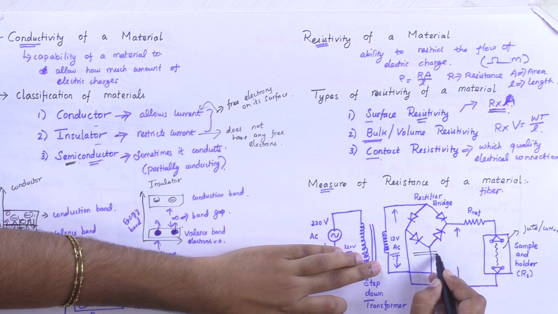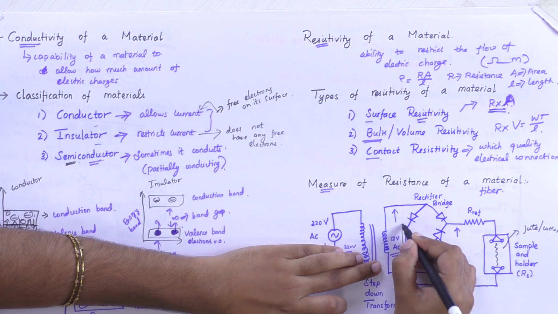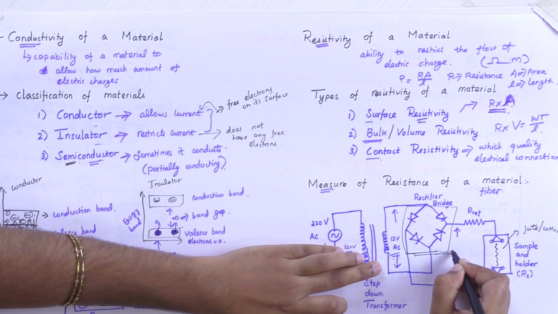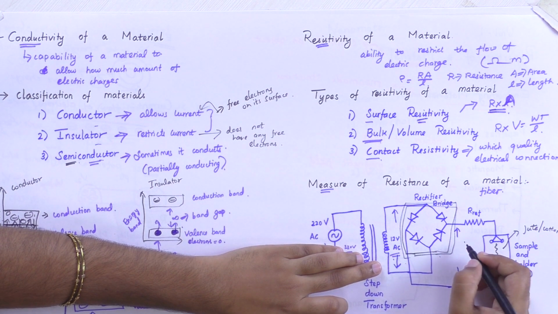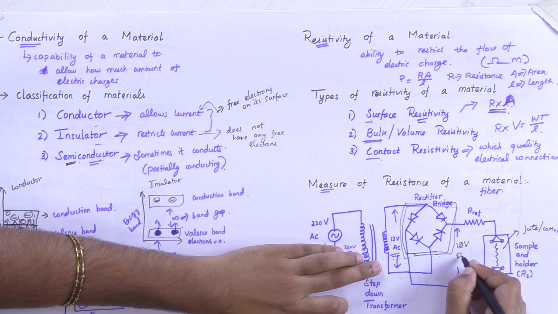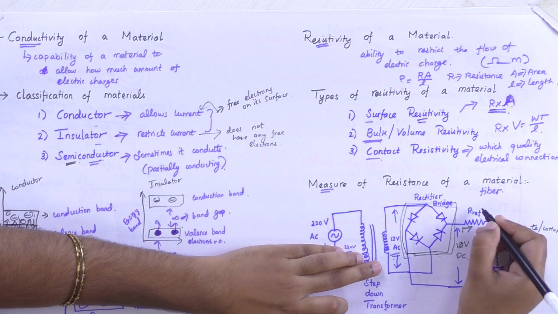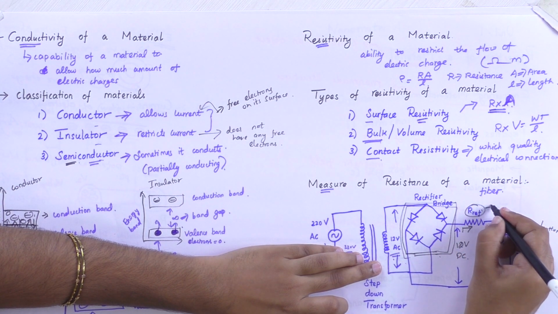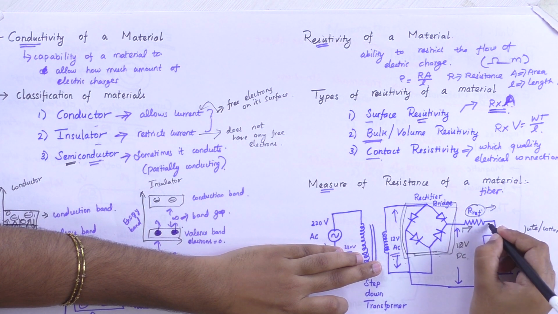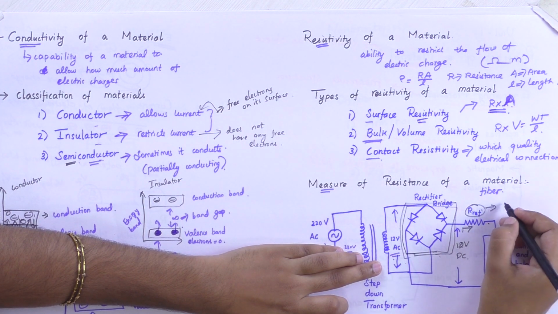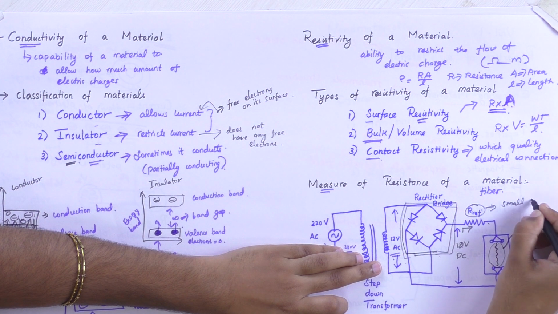For that I am using a rectifier bridge circuit, which converts AC to DC. Here the 12 volt DC supply will be going through this resistance. This resistance is for knowing how much voltage is going through, and we consider it a negligible value.